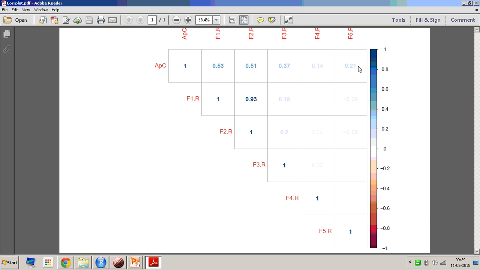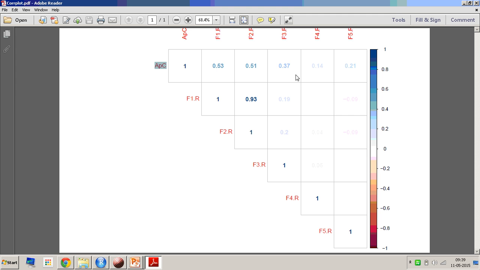And then looking at these figures over here: 0.21, which is the correlation between f5.r and actual purchase count, and then 0.14, which is f4.r and actual purchase count. And then looking at 0.53, obviously f1.r and actual purchase count are much more highly correlated as compared with f4.r and actual purchase count.